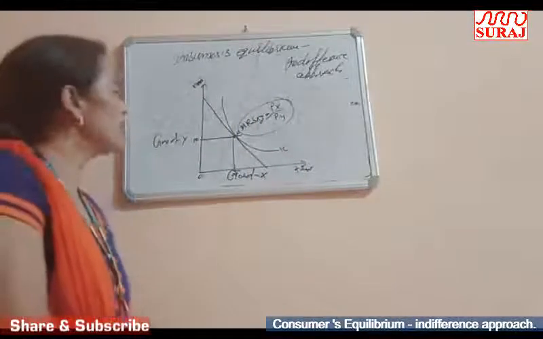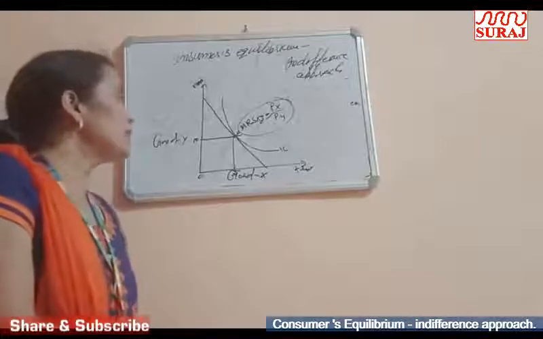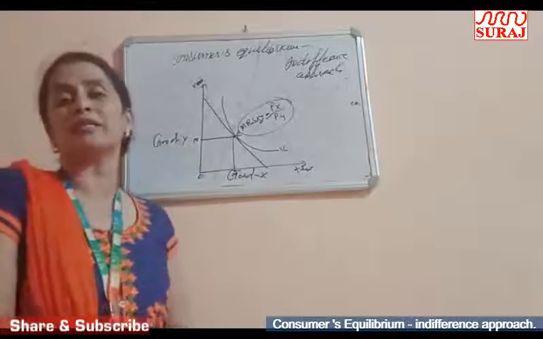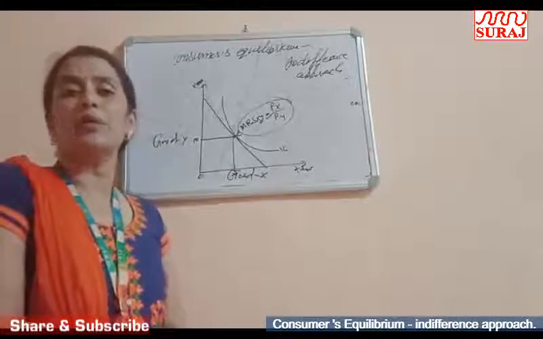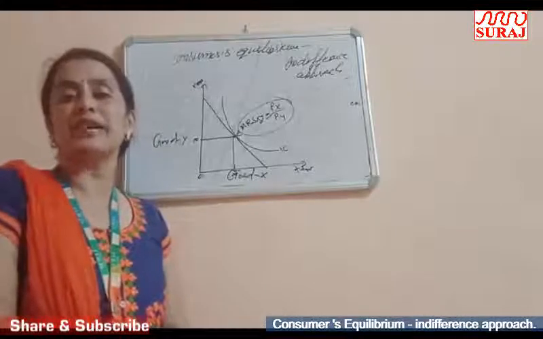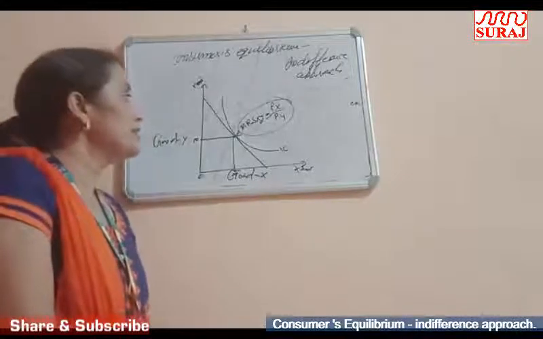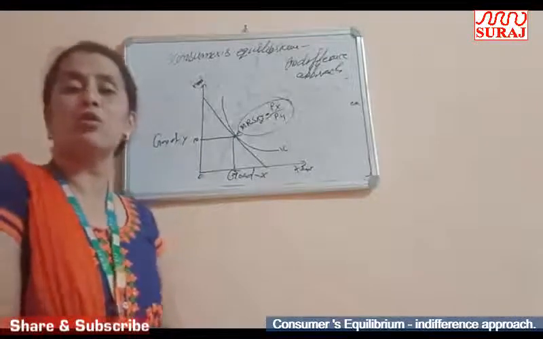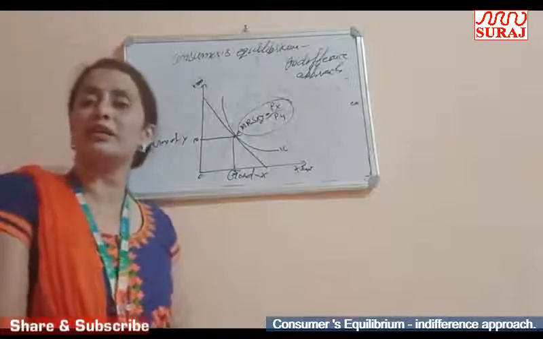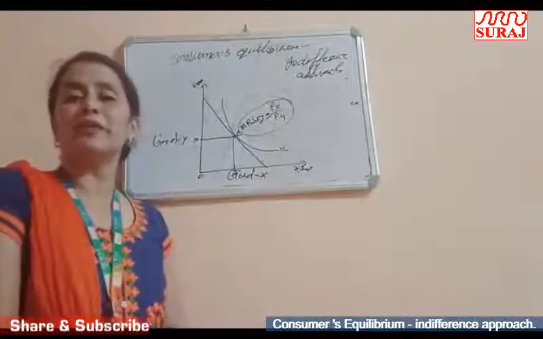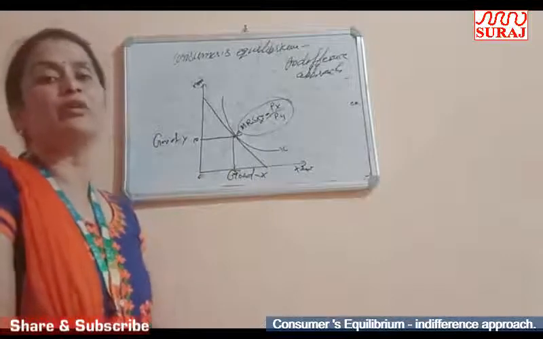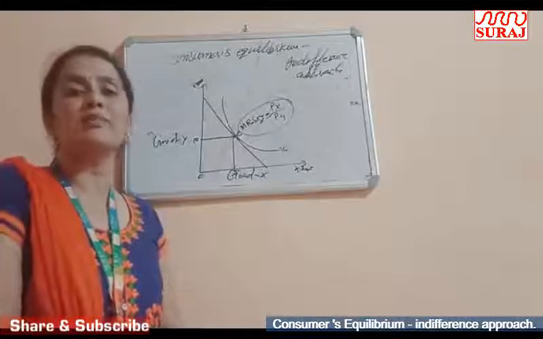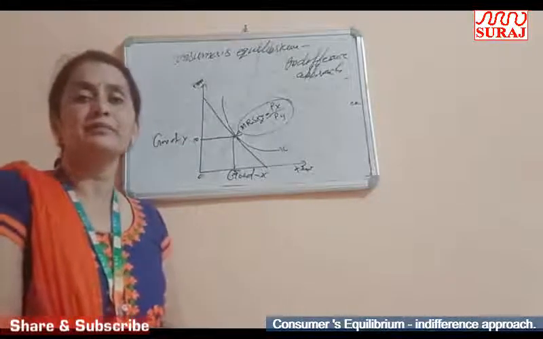So point E is the equilibrium point where the consumer gets maximum satisfaction, because at this point the two conditions are satisfied: the marginal rate of substitution of x and y is equal to Px upon Py, meaning the slope of IC and the slope of the budget line are equal. At this point the consumer purchases 10 units of good Y and 5 units of good X, and he maximizes his satisfaction.